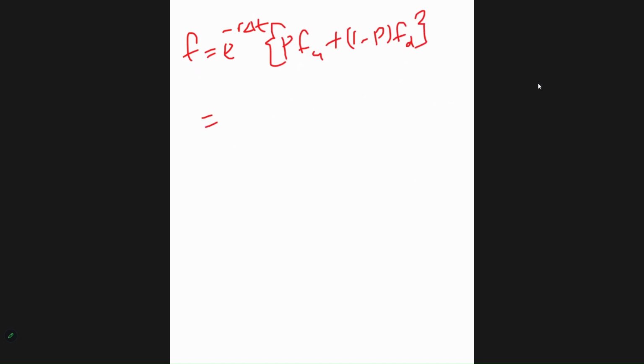In this example, we are going to say exponential negative, what is r? r remains 0.1, times 0.5.